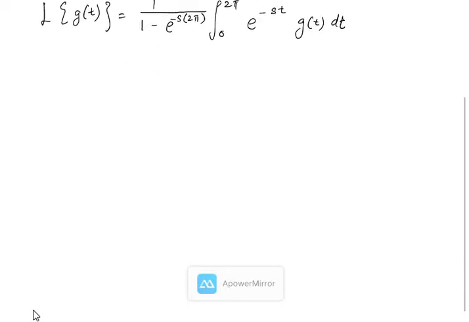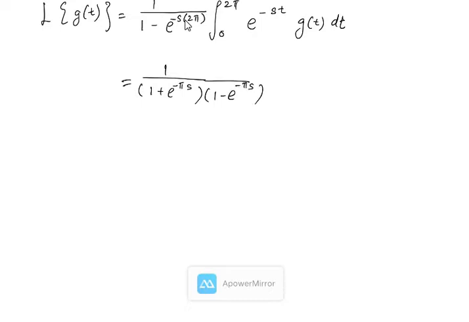Now this denominator here we can factorize, so we get (1 plus e to the power negative pi s)(1 minus e to the power negative pi s), and integrate 0 to pi e to the power negative st sin t dt.